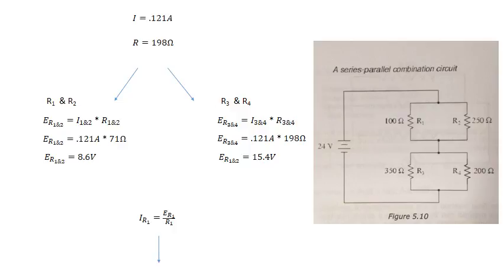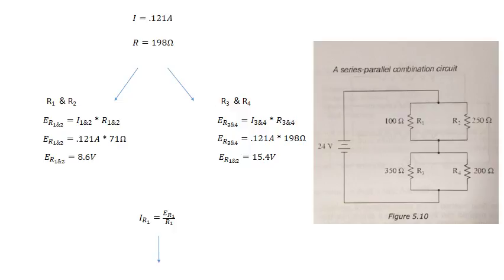Now you can break the legs up to find the current drops across each resistor, because you know voltage is the same in parallel circuits. Resistor 1 and 2 will see 8.6 volts, and resistor 3 and 4 will see 15.4 volts.